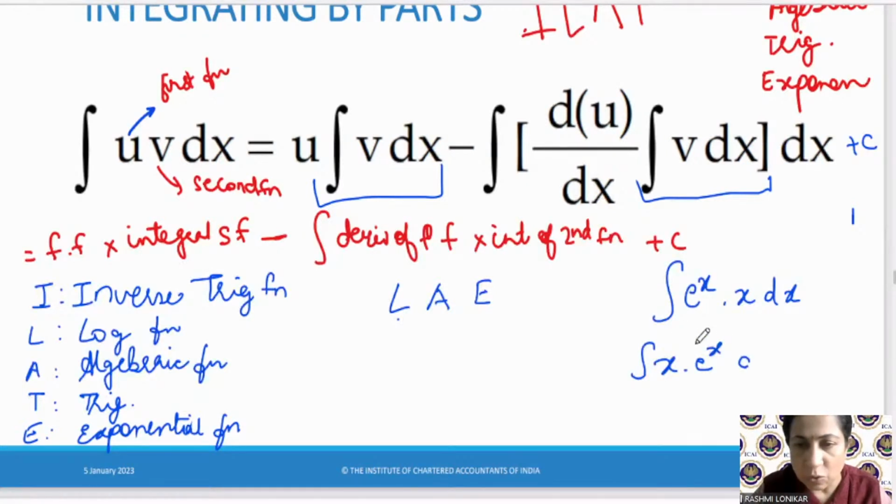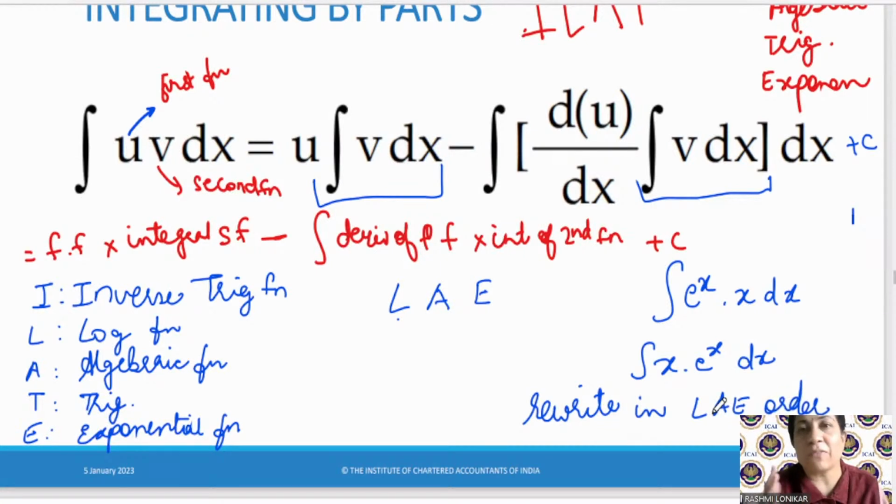So I will just rewrite it in LAE order. My first function should be logarithmic and the second algebraic, or algebraic and then exponential, so this order is important.